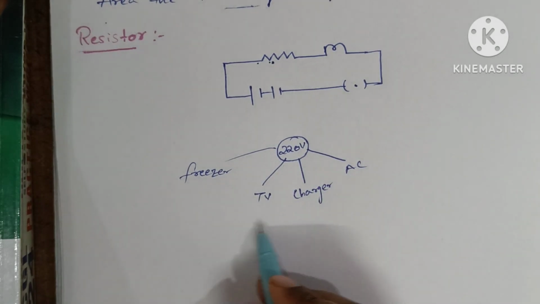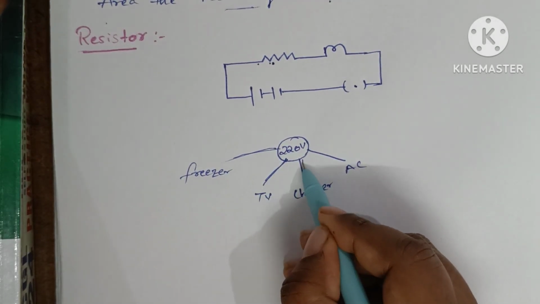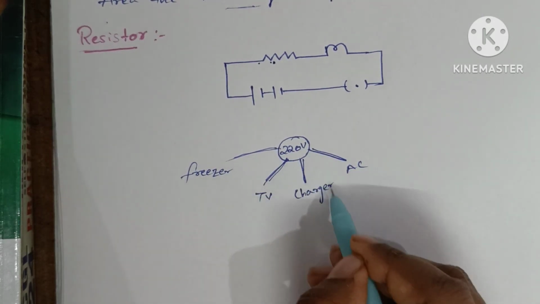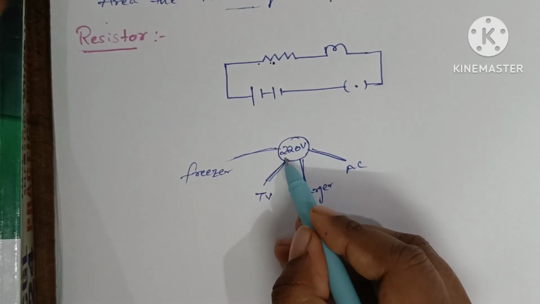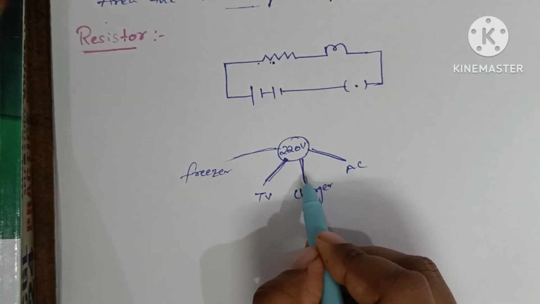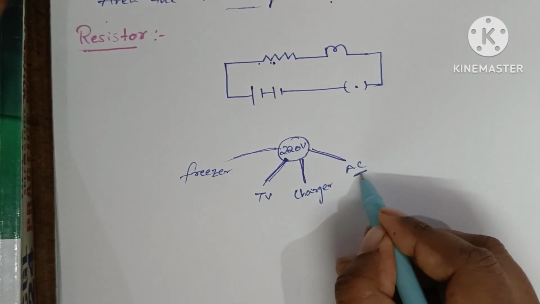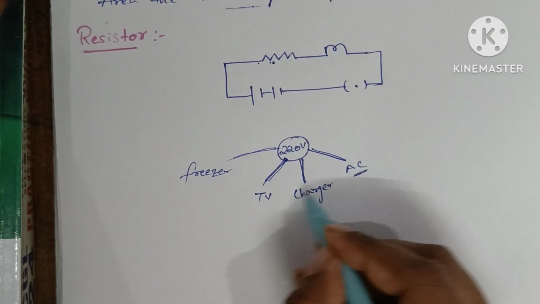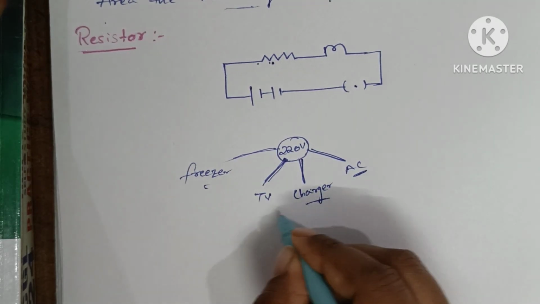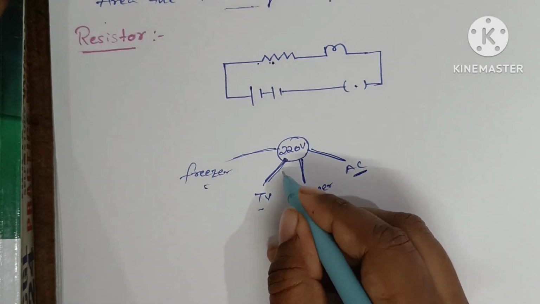To all the plug points the same voltage is supplied and the same current is supplied, right? But some appliances need more current, like AC and fridge, while the charger point and the TV need less current, but here you are sending more current.